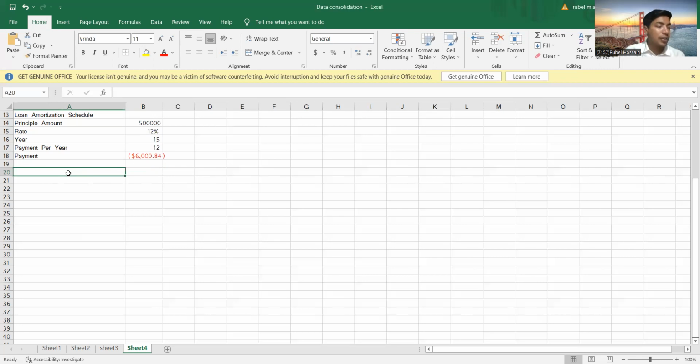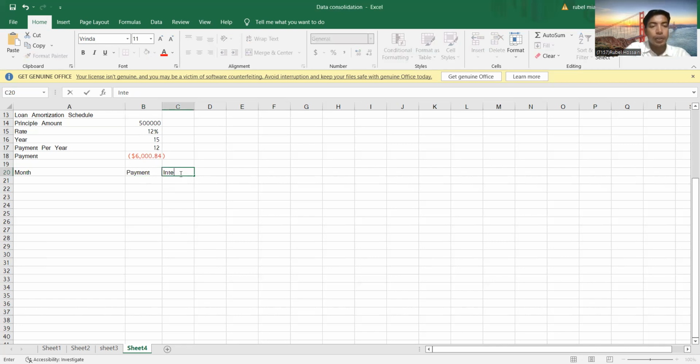So first give month, then payment, then column C will be interest. How much interest we have to pay for each month is that column, and column D will be principal amount.